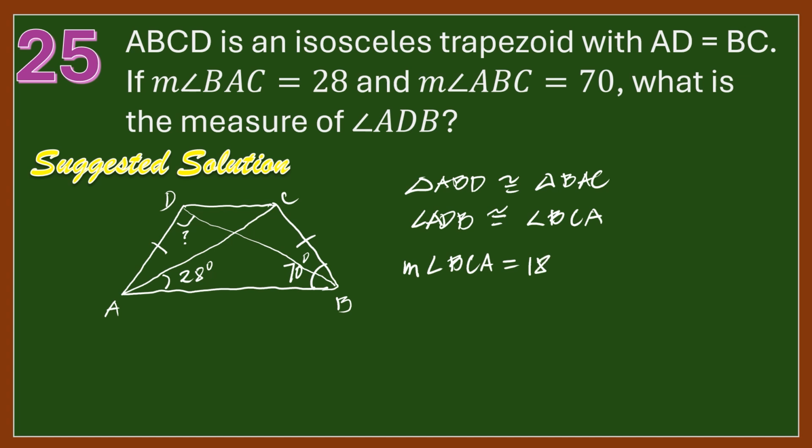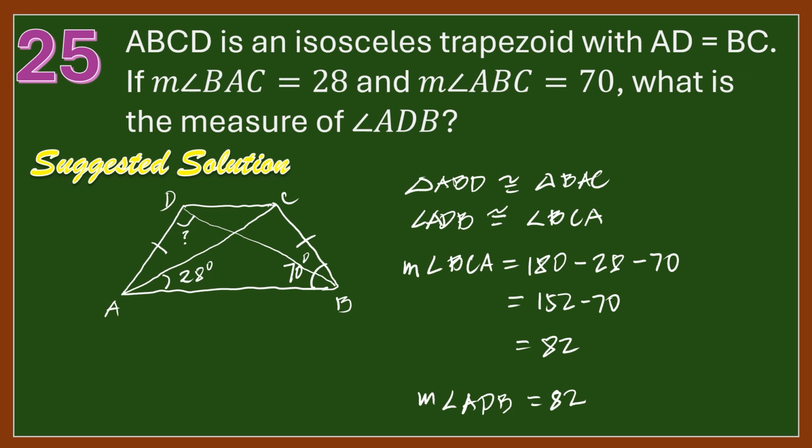So we have 180 minus 28 minus 70. This is equal to 180 minus 28 is 152. 152 minus 70 is equal to 82 degrees. Hence, the measure of angle ADB is also 82 degrees.